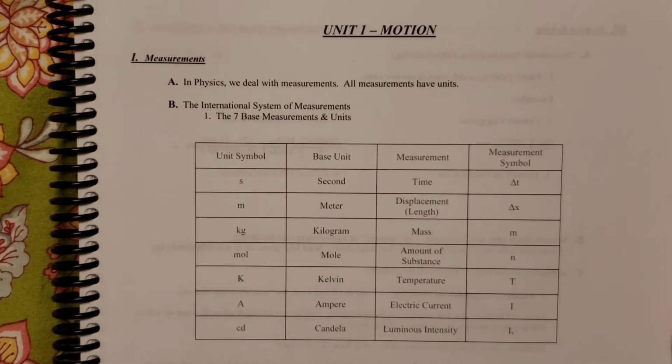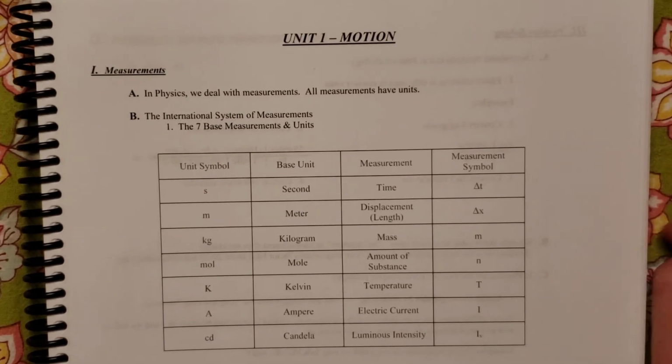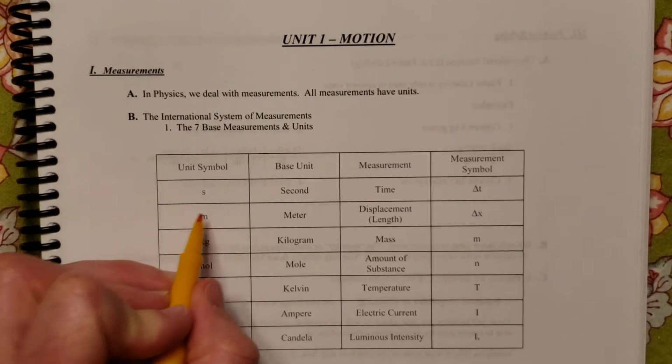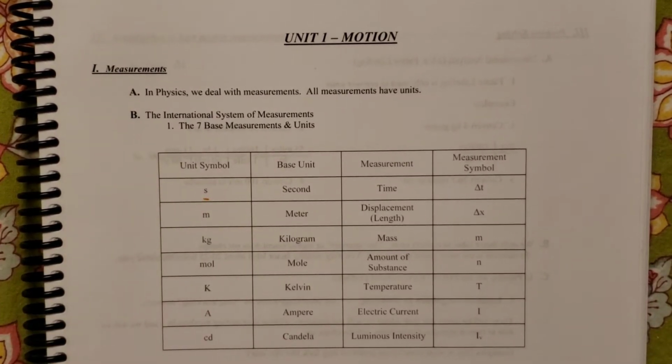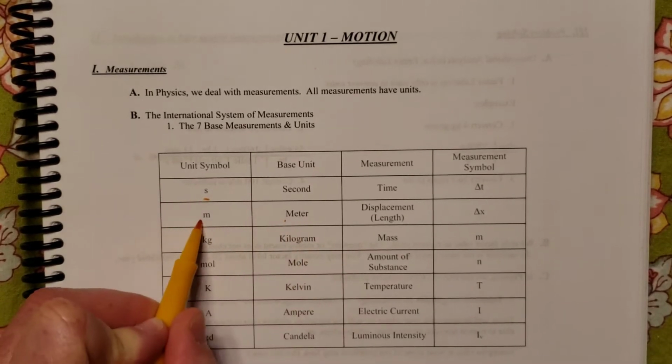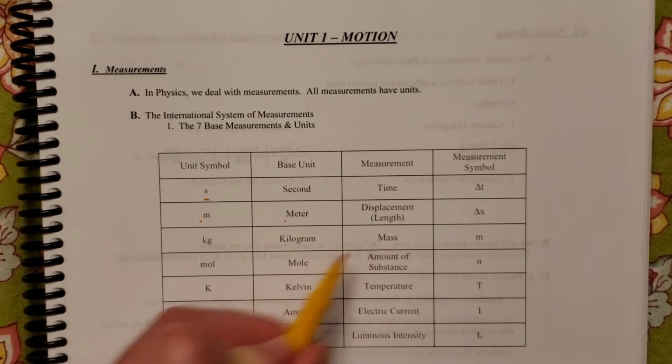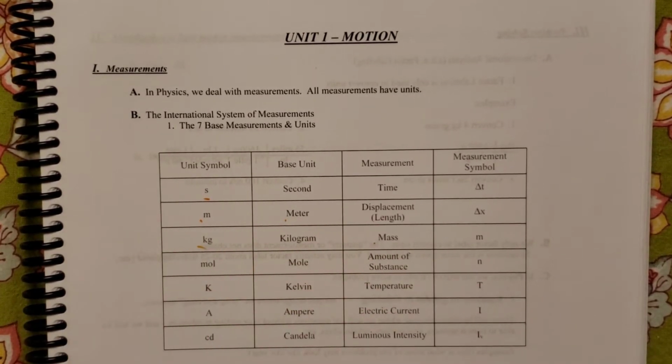So let's start off with units. In our physics class, and in all physics classes, we focus on the SI units. So we're talking about things like time measured in seconds, maybe rather than minutes or hours. Distance measured in meters rather than feet. Mass measured in kilograms instead of pounds.